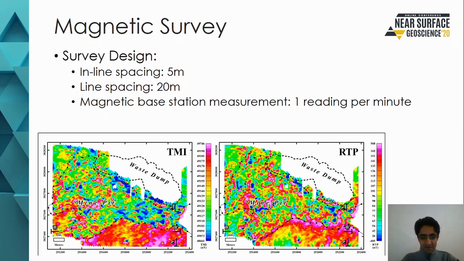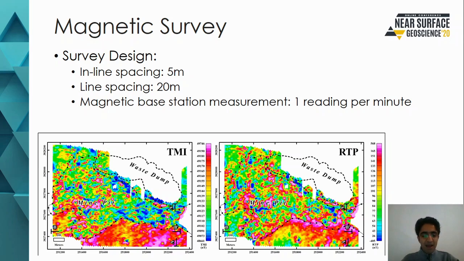In the figure below, you can see the TMI and the RTP grids. As you can see in the TMI map, most of the anomalies just follow the expected trends in the northern hemisphere, higher latitude, and I would like to note that the declination in this area is almost zero, so the locations of the positive and the negative poles are consistent with what is expected.